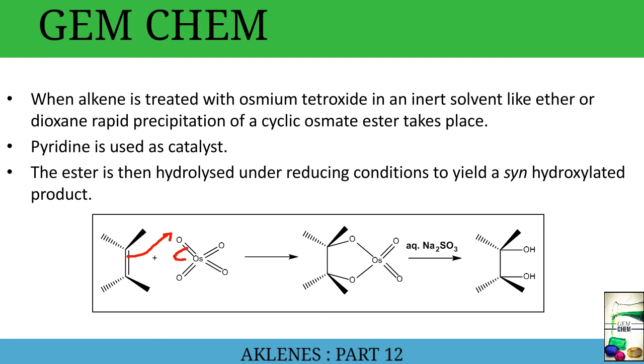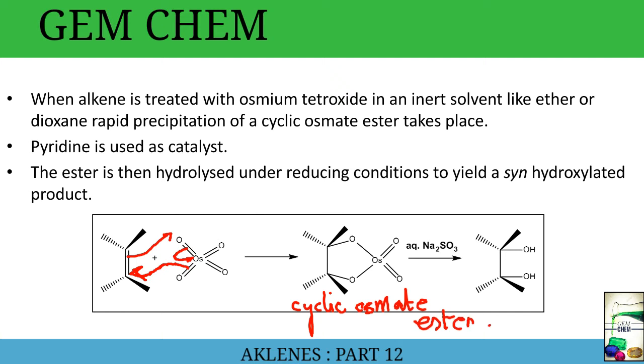This oxygen gives up the double bond to osmium, and this double bond of oxygen opens up to bond with this carbon, the second carbon of the alkene, and ultimately we get this osmate ester. So this is the cyclic osmate ester, and we can tell that this is a cyclic intermediate which we are getting here.